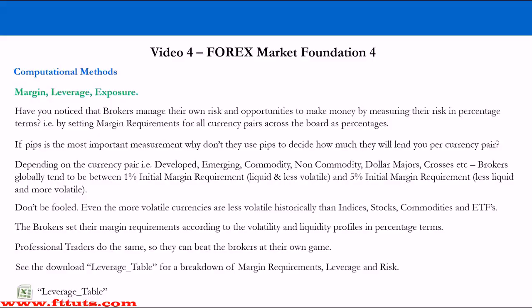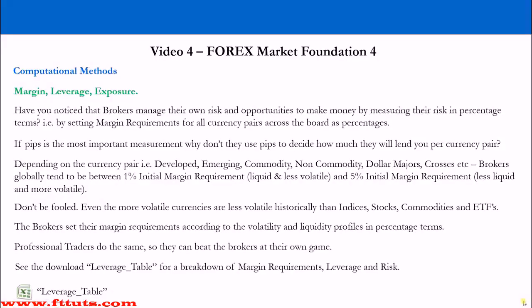If you're allowed to take a certain amount of risk and the margin requirement is set at a certain level, if the volatility of the asset is bigger than the margin requirement or the margin call percentage, then you stand a very good chance of being wiped out. So just remember that and understand the basic computational methods. We're going to look a lot more into leverage and exposure and how you build trading accounts later in the video series. But for now, just understand the basics there.